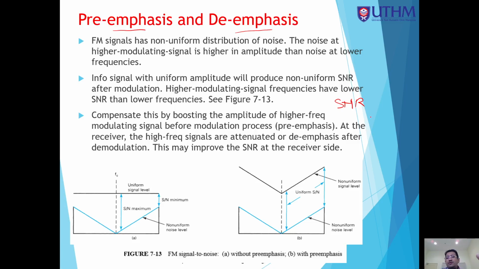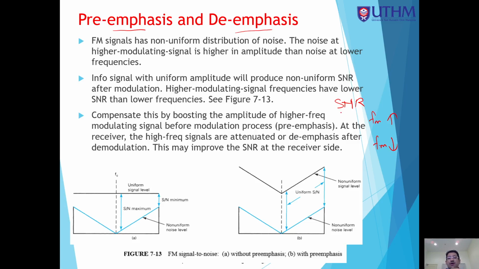So that means if we use a higher FM value, there might be possibility that the SNR value that we achieve is lower compared to if we use a lower modulating signal. Okay, so the issue in FM is that when you use a higher modulating signal, there's a tendency that we might achieve lower SNR, compared to if we use a lower modulating frequency. Okay, so this is the issue.